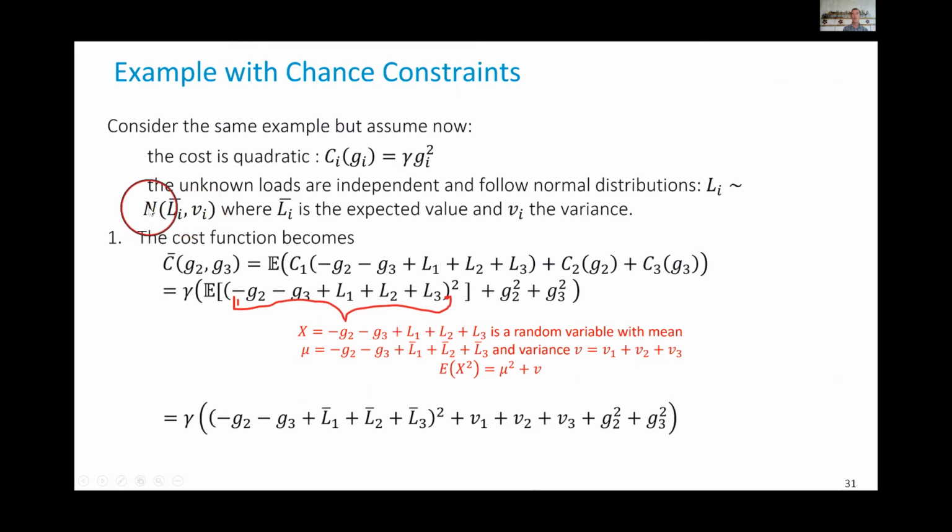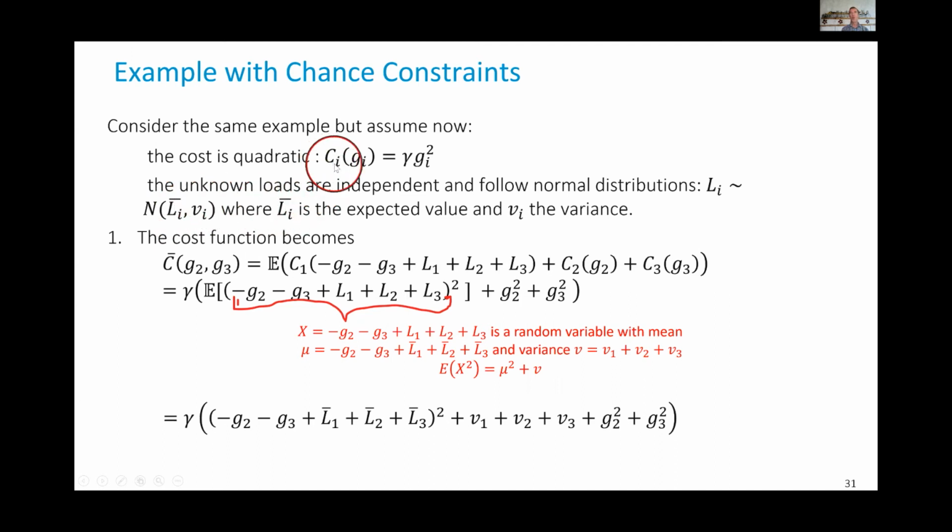So N stands for normal, which for me is a synonym of Gaussian distribution, with mean Li, where the bar stands for the mean, and some variance here. A minute ago, I was assuming it's uniform. Uniform is a much nicer distribution in some sense. Here, to make things a bit worse and more classical, I assume Gaussian. So now we have a more tricky problem.